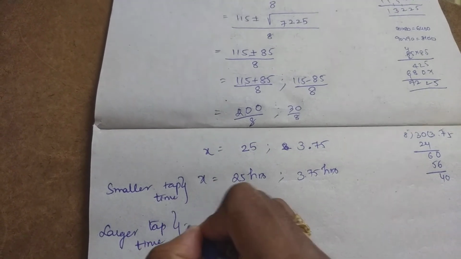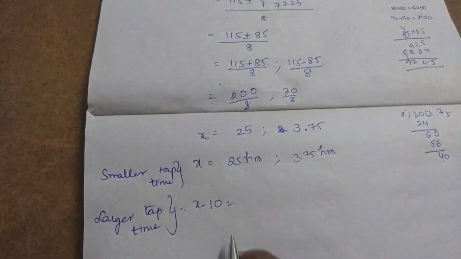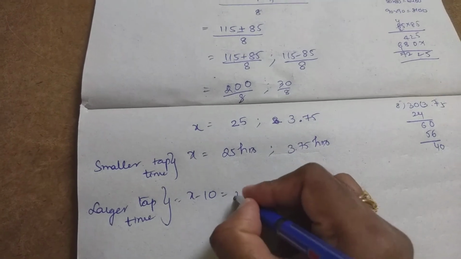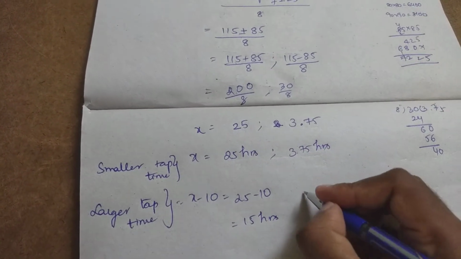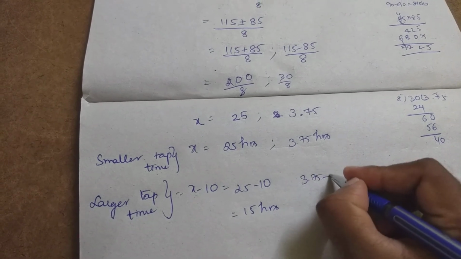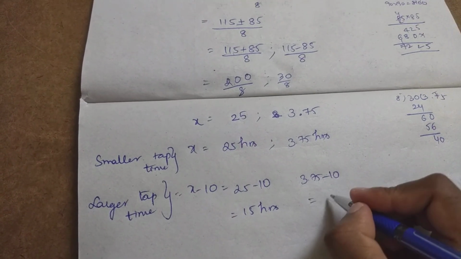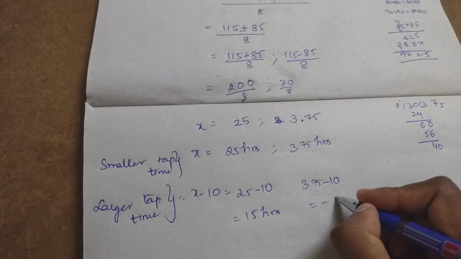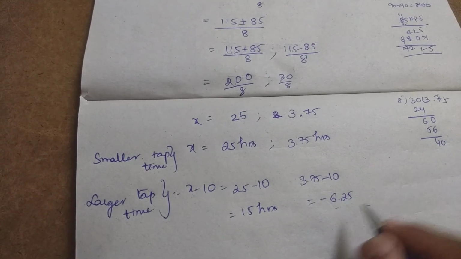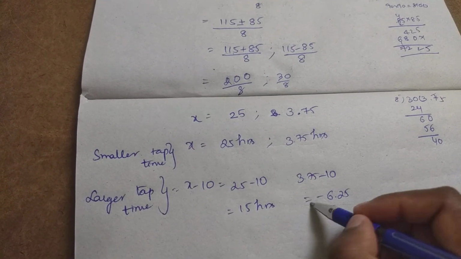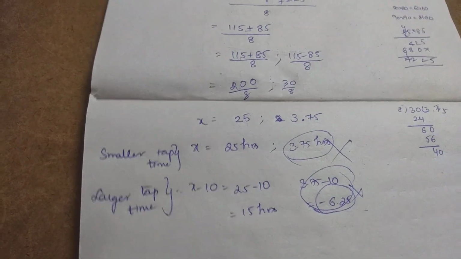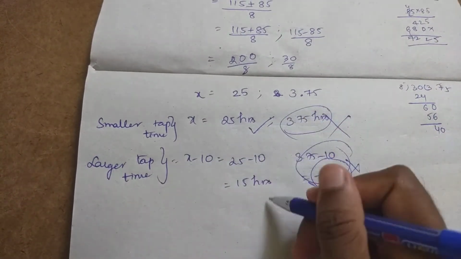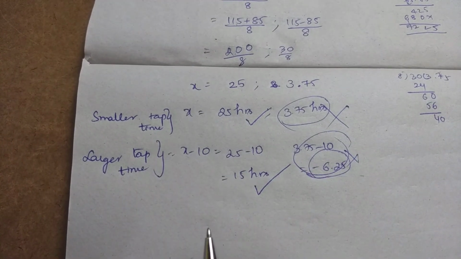When you see the larger tap time, it is x minus 10. So 25 minus 10 becomes 15 hours. And 3.75 minus 10 becomes negative, something like minus 6.25. Can time be negative? No, it is wrong. So you need not consider this value for x and x minus 10. So the answer will be 25 hours and 15 hours.